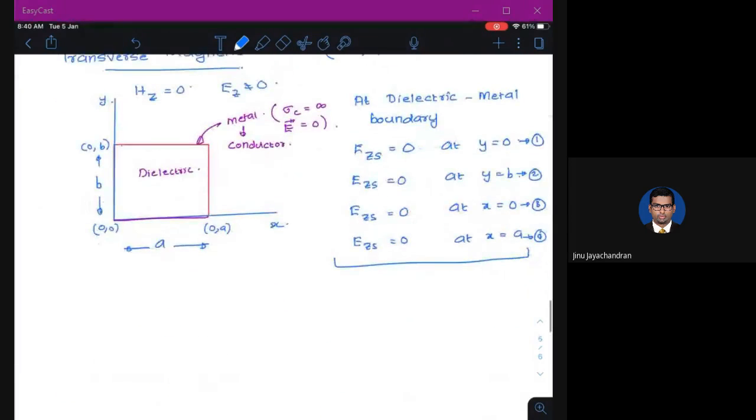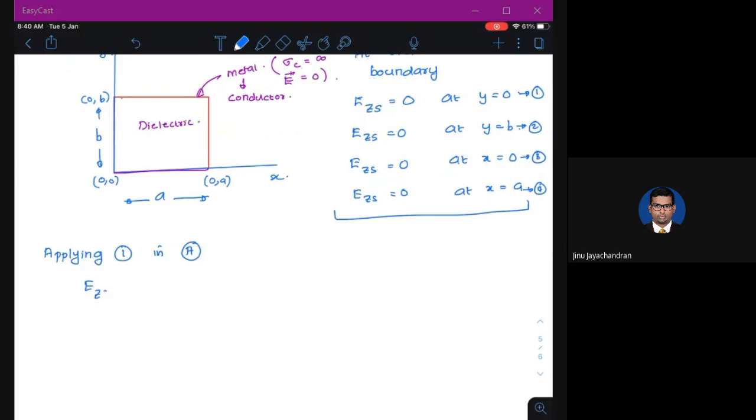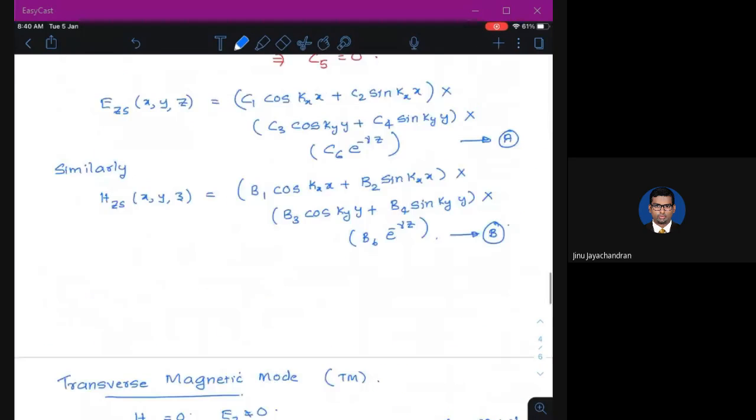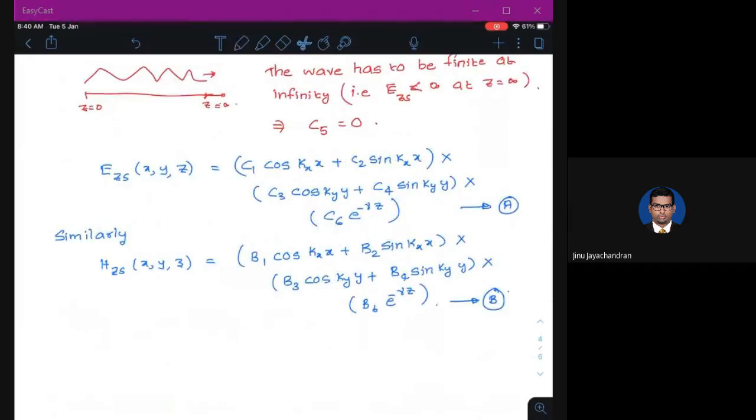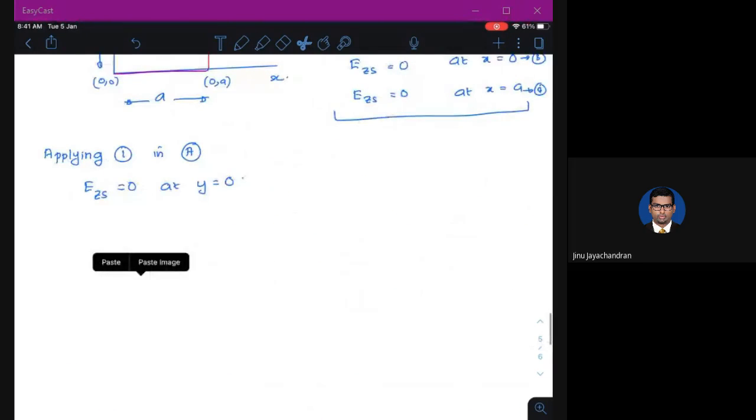so let's apply the first boundary condition. Applying 1 in A implies Ez is equal to 0 at y equal to 0. So our equation of A is this. Let me write this again so that we can just modify the equation directly.